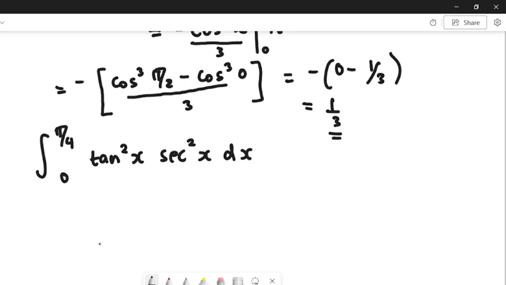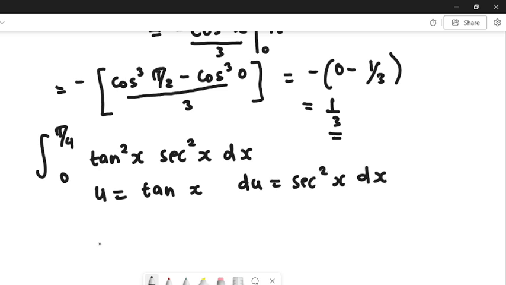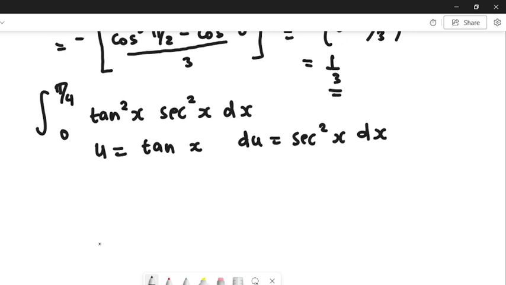So you can get secant squared x dx if we differentiate tan. So our u becomes tan x, our du is secant squared x dx. If you want to be good in integration, you must as well know differentiation very well, because those two are siblings. So you're getting u squared du.